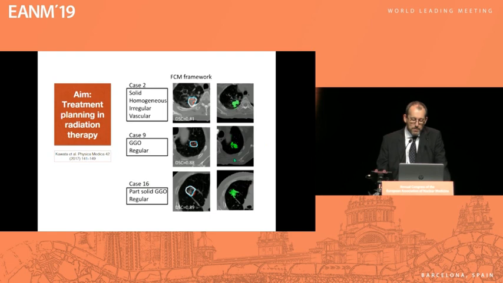Here we have 3 examples of 3 very different tumor lesions, depending on the solid, subsolid, or ground glass aspect on the CT.